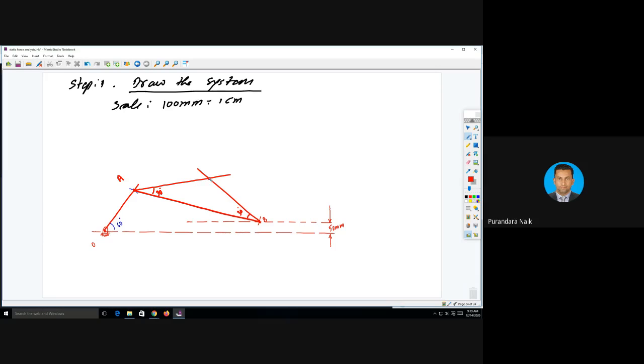So it will intersect at this point. This point is C. And you can shade this area. Since it is a single link, it indicates it is a single plate, so you can shade it.